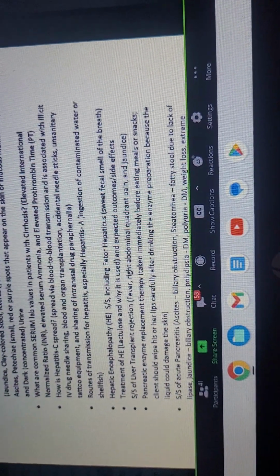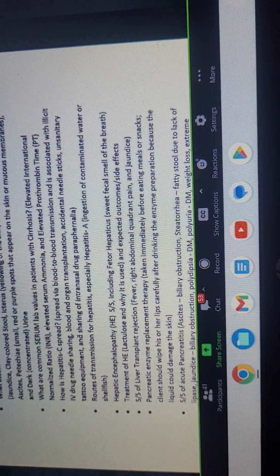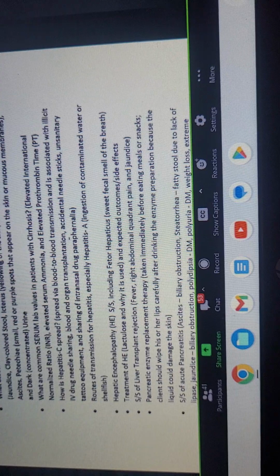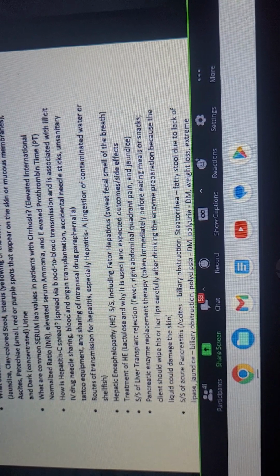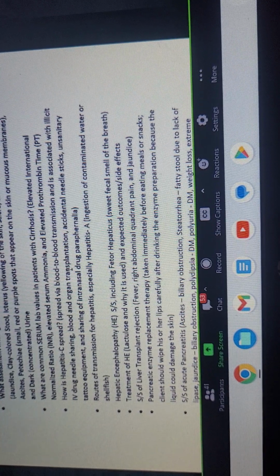Hepatitis C, how's it spread? Spread via blood to blood transmission, associated with illicit IV drug needle sharing, blood and organ transplants. This is important. So if you get blood that wasn't screened right, you could get hepatitis C from it. An organ transplant.